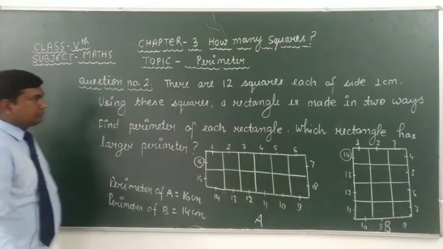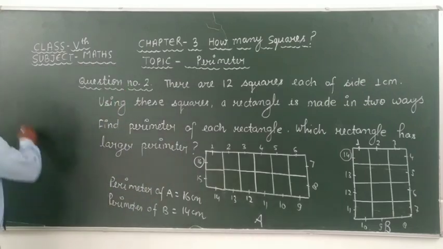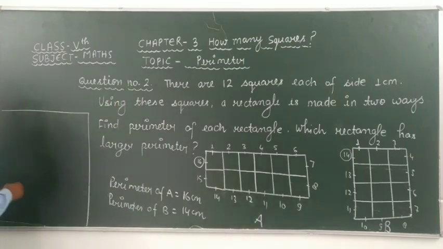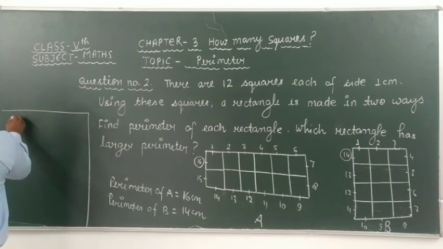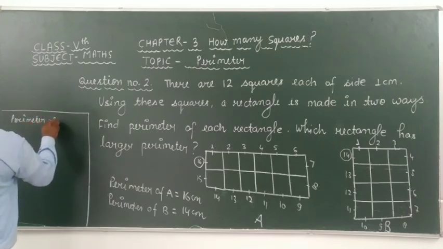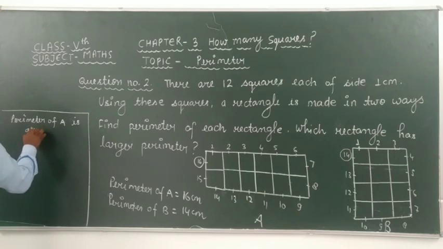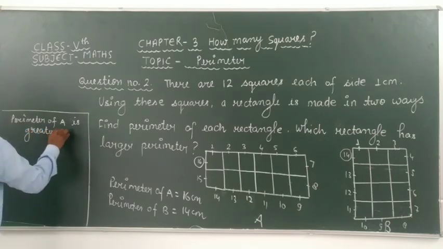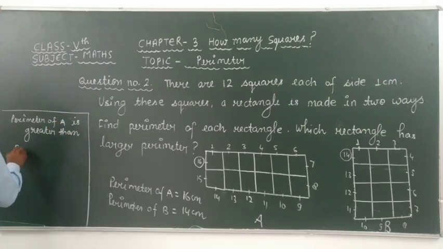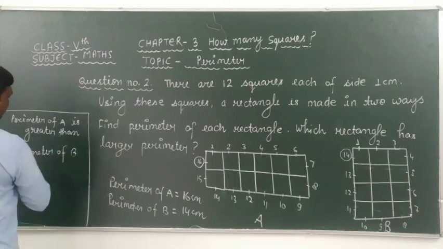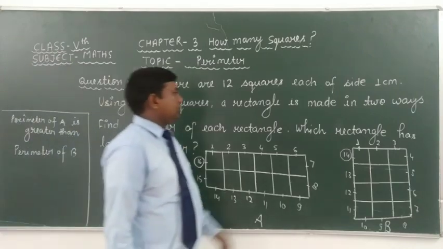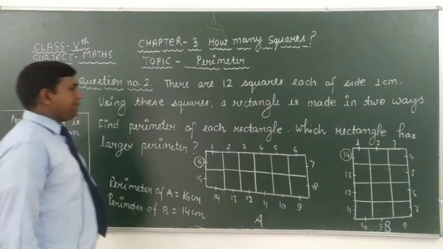In the end we get the perimeter of A is greater than the perimeter of B. Which rectangle has the larger perimeter?